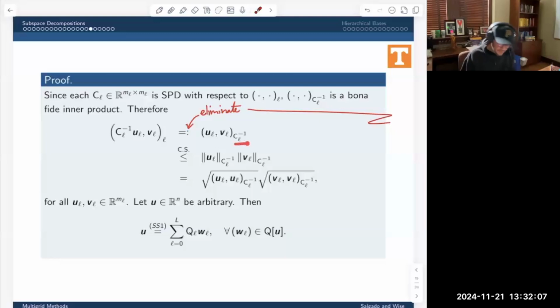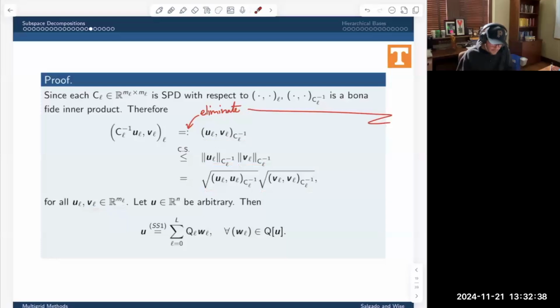So I'm going to do the usual thing that we do, and we define a norm from an inner product by taking the square root of the inner product of an object with itself. So it satisfies the Cauchy-Schwarz, and so that means that this is less than this norm times that norm, which by definition is equal to that times that, which is what I just said. Okay, that's true for any UL and any VL and RML.